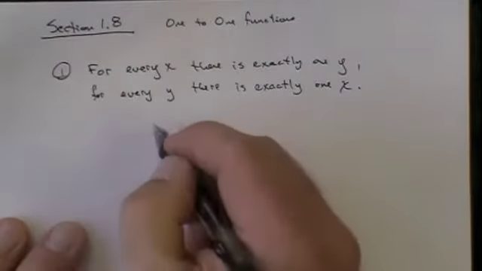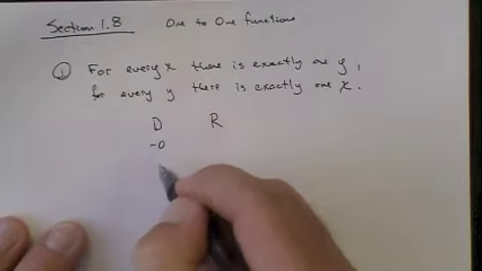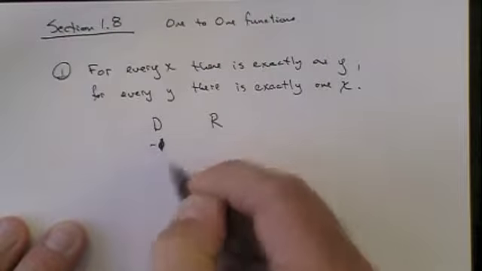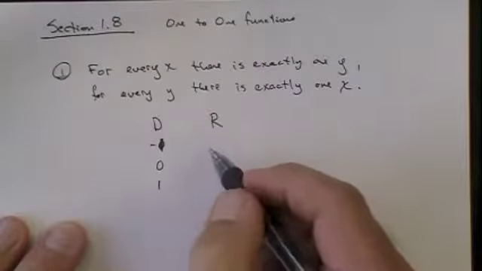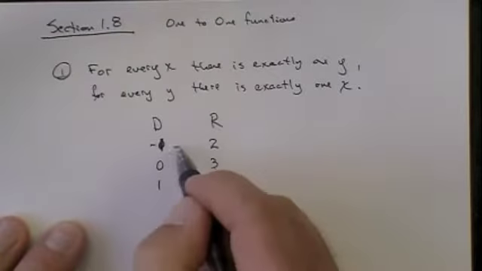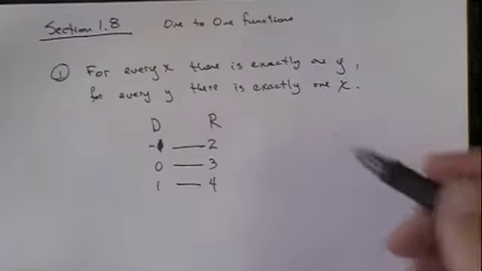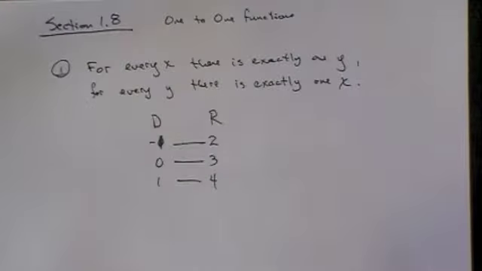So whatever we have in our domain and range, if we have values of -1, 0, and 1 for the domain mapped to the numbers 2, 3, and 4, we're saying that this is one-to-one for each of these values, and that's what's going to be part of making this a one-to-one function.